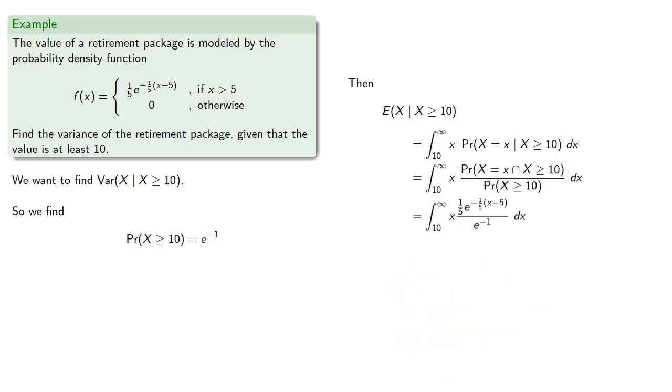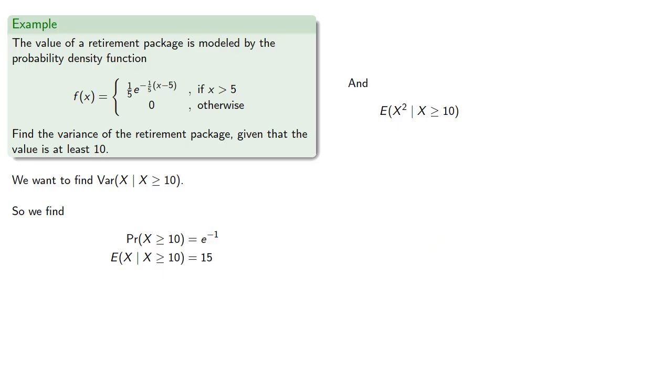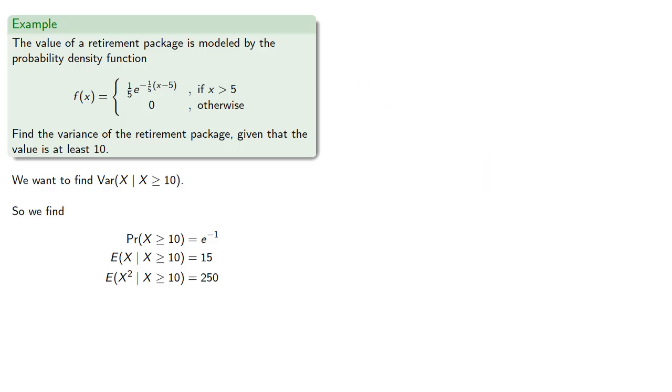And so we find... and the expected value of the squared values is going to be... and so our variance will be the difference between the expected value of the square and the square of the expected value.